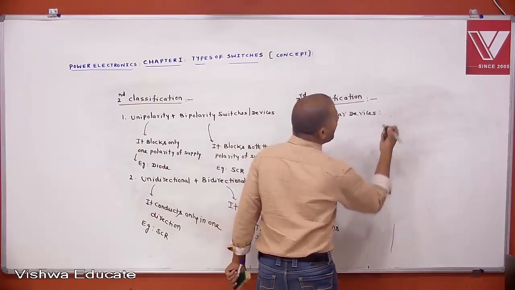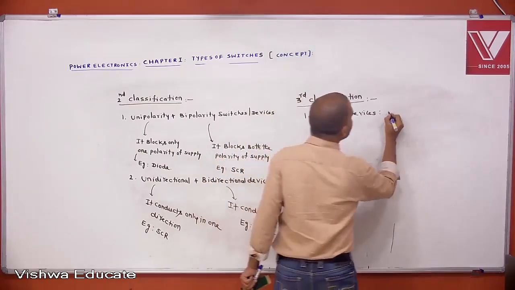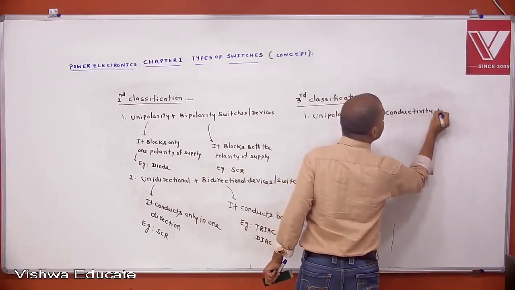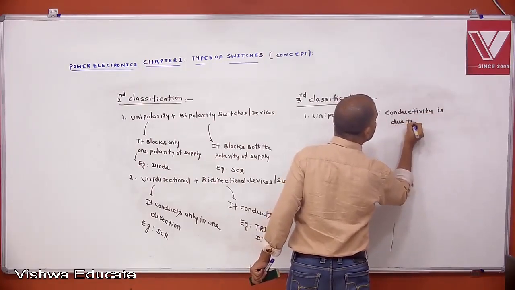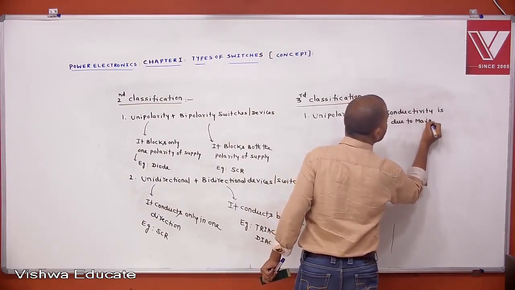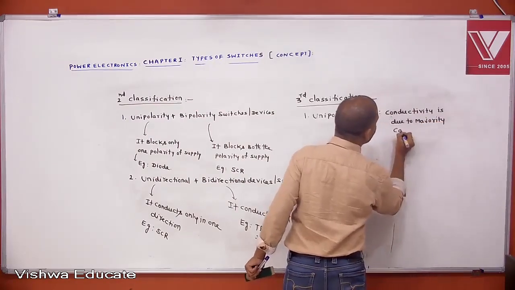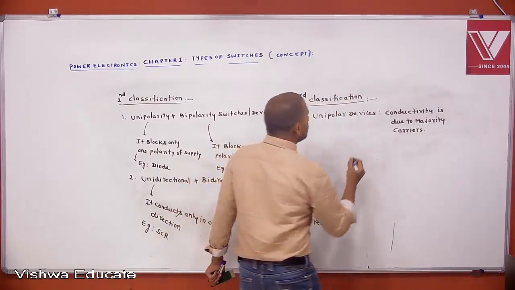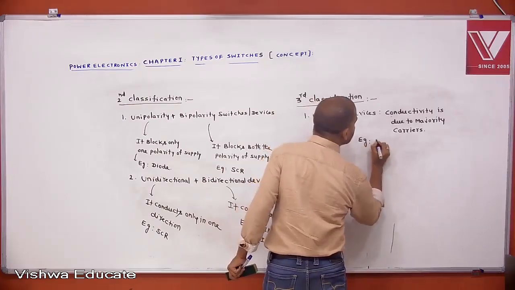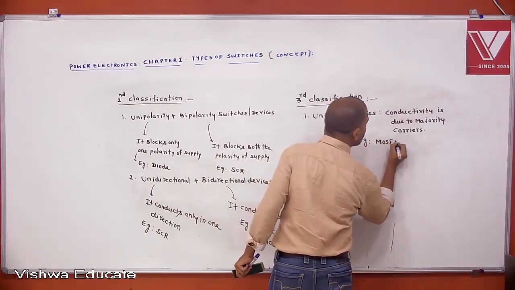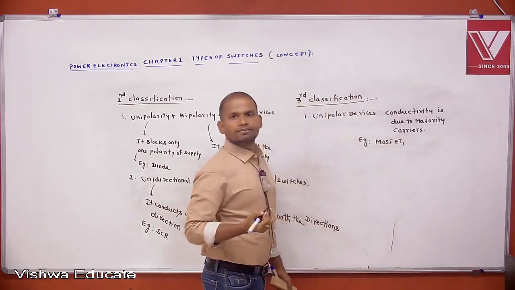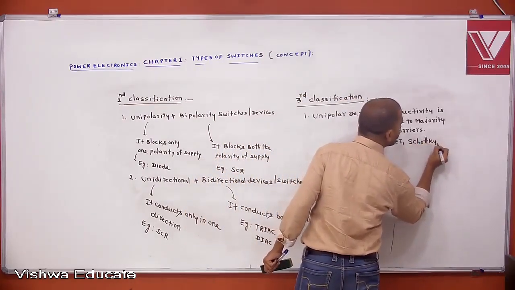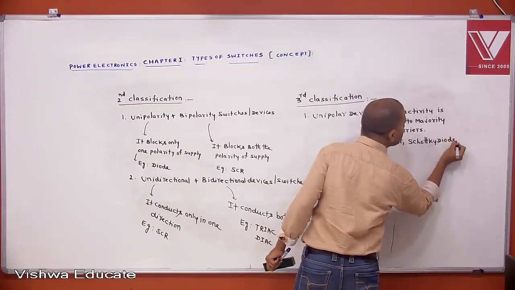Unipolar devices means conductivity is due to majority carriers. Then what is the example of a unipolar device? MOSFET is a unipolar device. Next, Schottky diode is also a unipolar device.